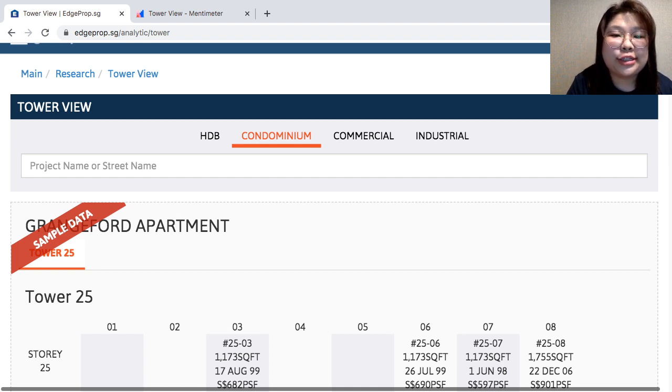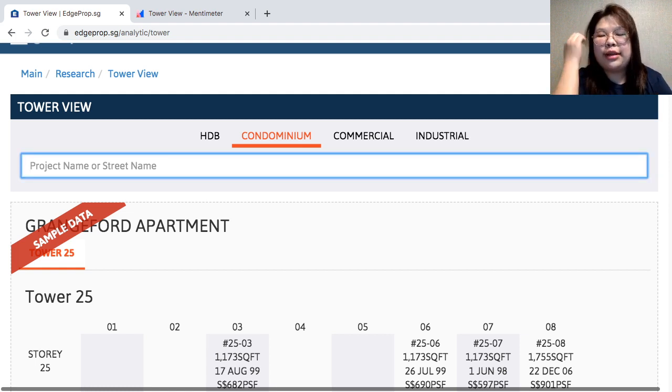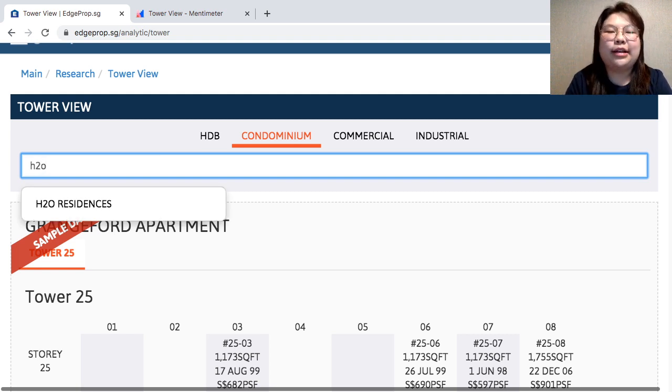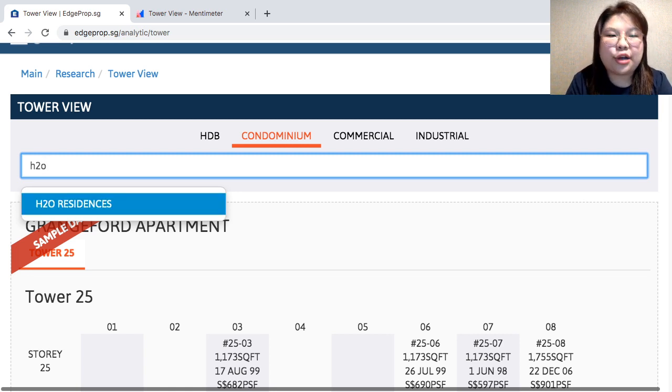First one, I will just do condominium. If you are following me on the hands-on right now, I need you to key in H2O Residences. As I type in, there will already be a drop down. I need you to click on H2O Residences in the drop down.